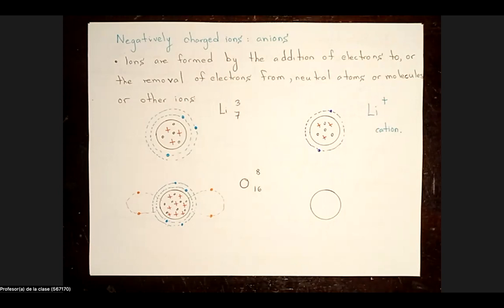But otherwise, on oxygen, for example, we have 8 protons, 8 electrons, and 8 neutrons.